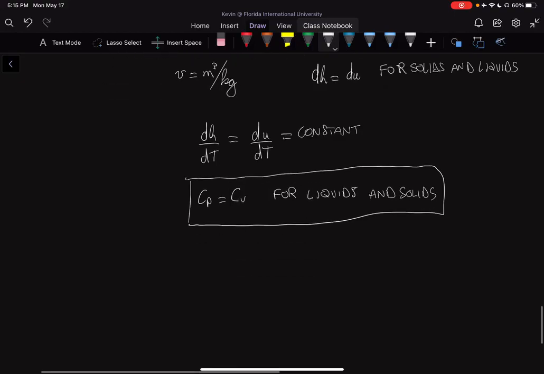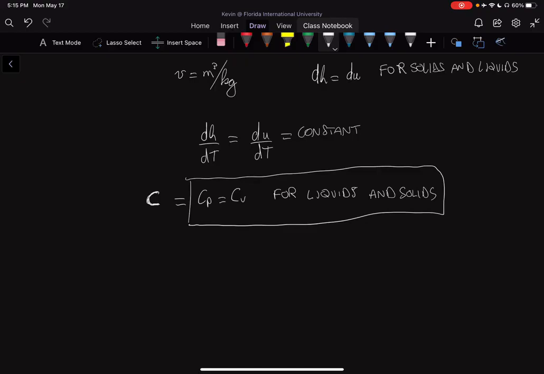And if we take the equation of Cp is equal to Cv, this is equal to just C. So for solids and liquids, we're just going to call it C. It's not going to be Cp or Cv, it's just going to be C, our specific heat, called C without a subscript.